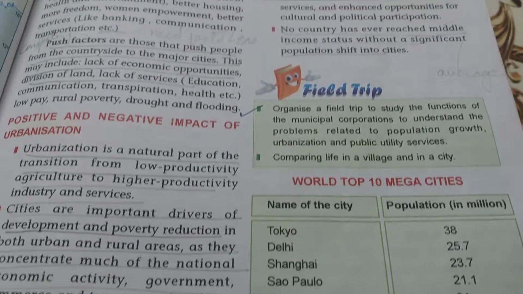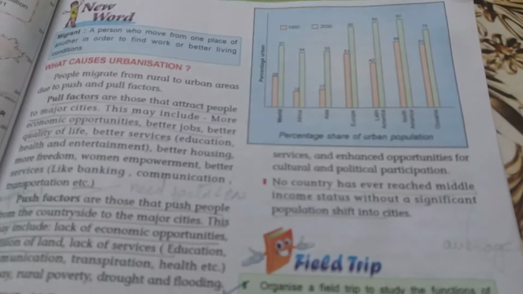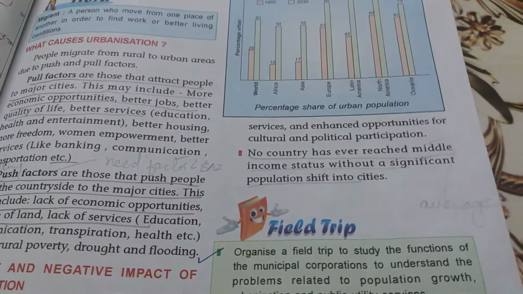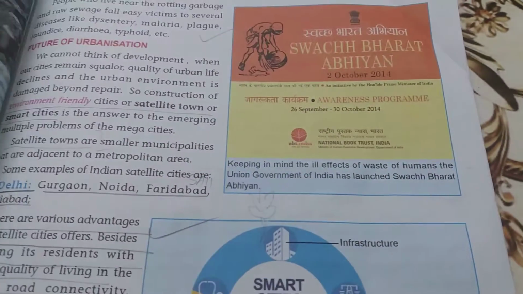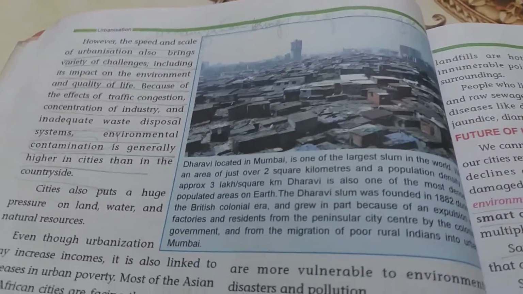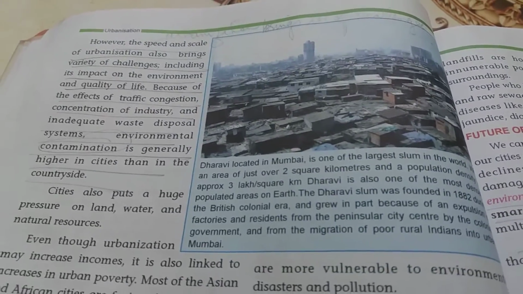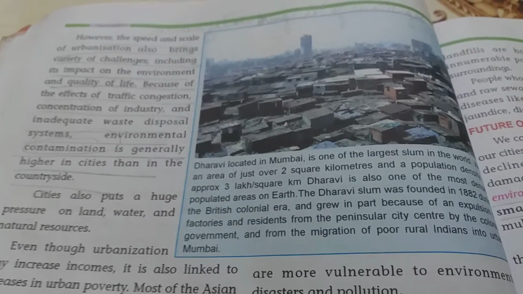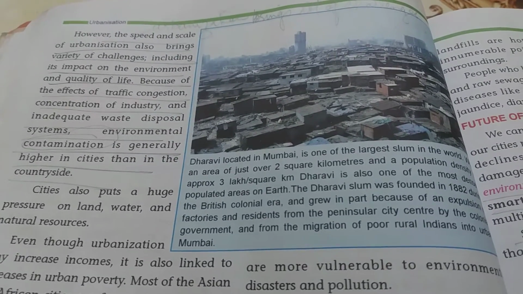Urban living is often associated with a higher level of literacy and education, better health, and greater access to social services. However, the speed and the scale of urbanization also bring a variety of challenges, including impact on the government and quality of life.